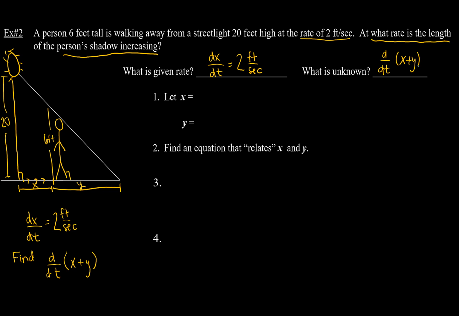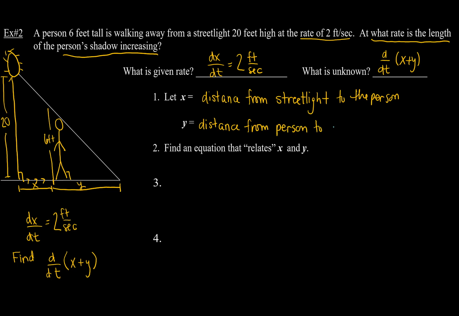So I'm going to let x be the distance from the street light to the person. And I'm going to let y be the distance from the person to the tip of the shadow.